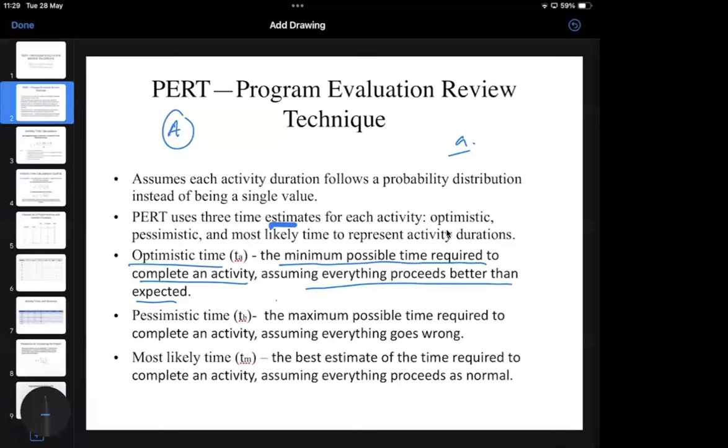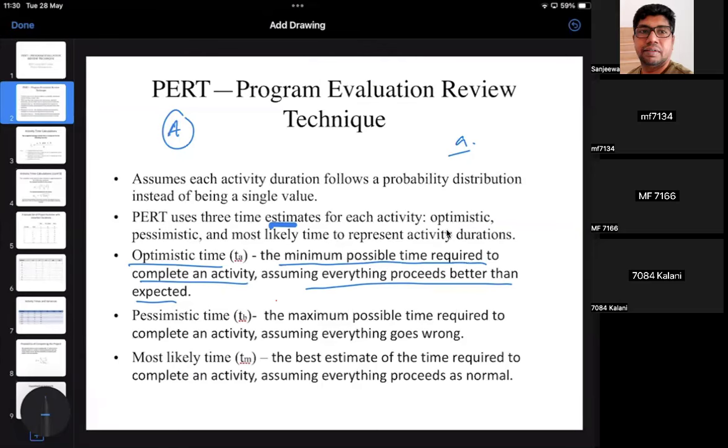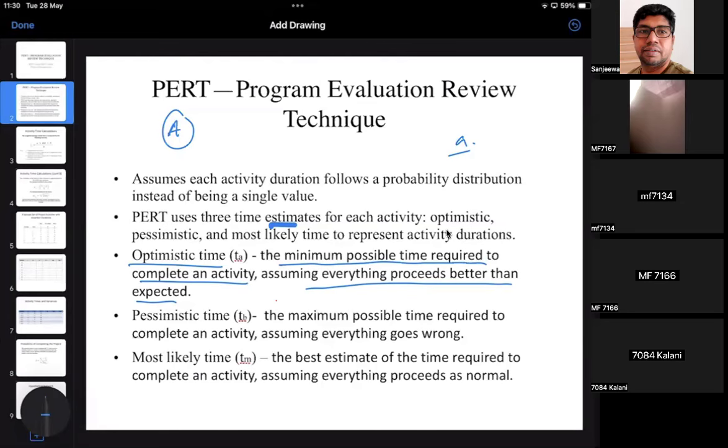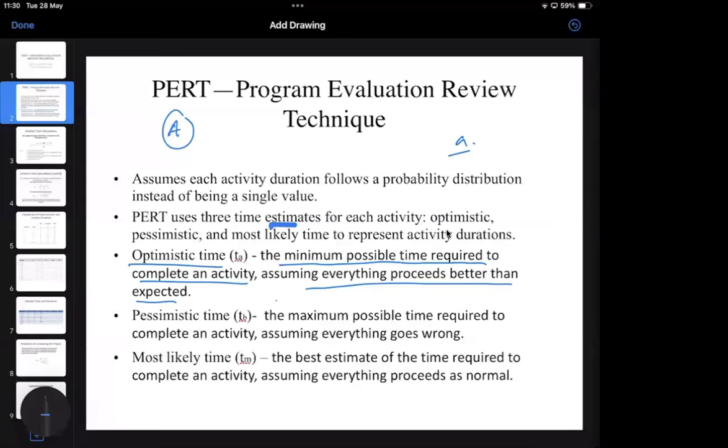It is better than the expected situation. If we have that kind of situation, we will be able to finish that activity as soon as possible, right? Or what will be the minimum possible time required to complete this activity? It is called optimistic time, assuming all the things are going in a good way, right? Then the pessimistic time, that is the opposite of the optimistic time, right?